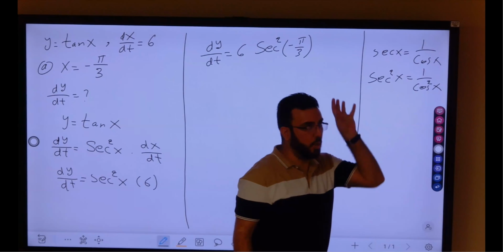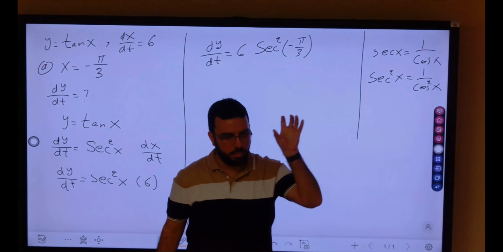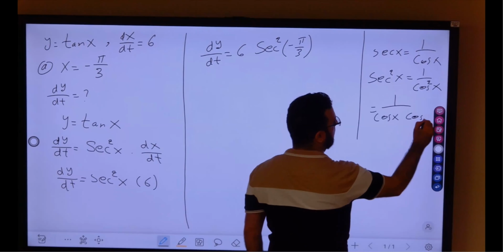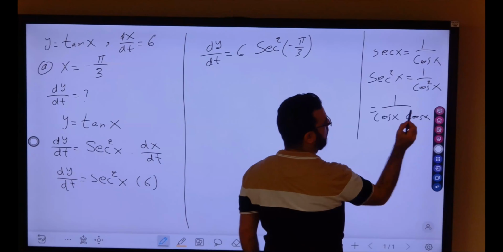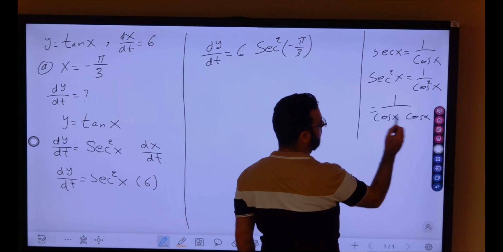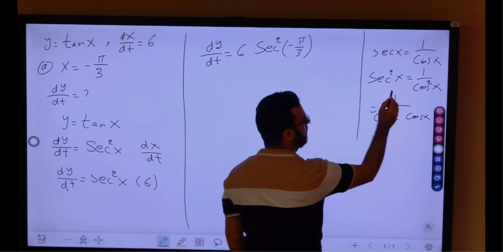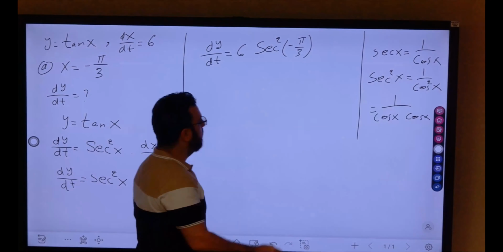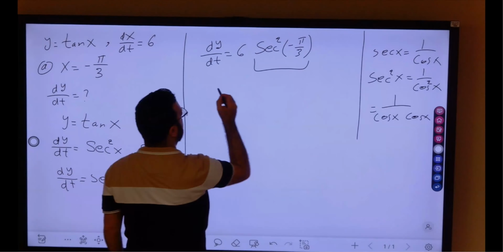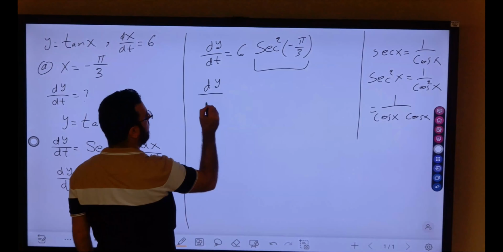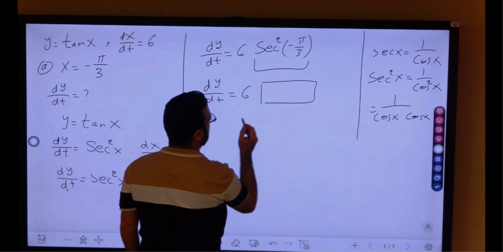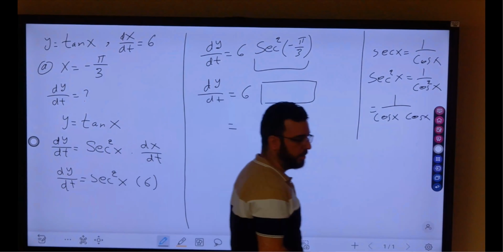Square means cosine times cosine. Plug in cosine of the angle, multiply these, and 1 over this is the result of secant squared. Then you multiply the result by 6. You're going to get the result. You got it?